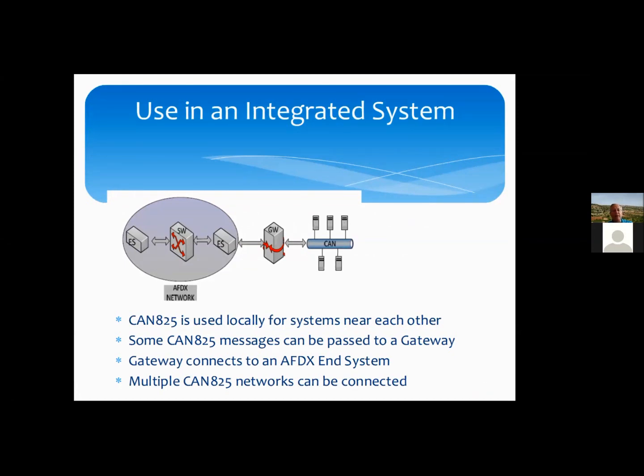Okay, so what is CAN Bus for? And really the question I want to answer at the very beginning is why were AFDX and CAN Bus both developed at roughly the same time and both used for the same kind of thing? They're both used for civilian aircraft. And the simple answer is that their uses are somewhat different. ARINC-825 is used for very near systems.